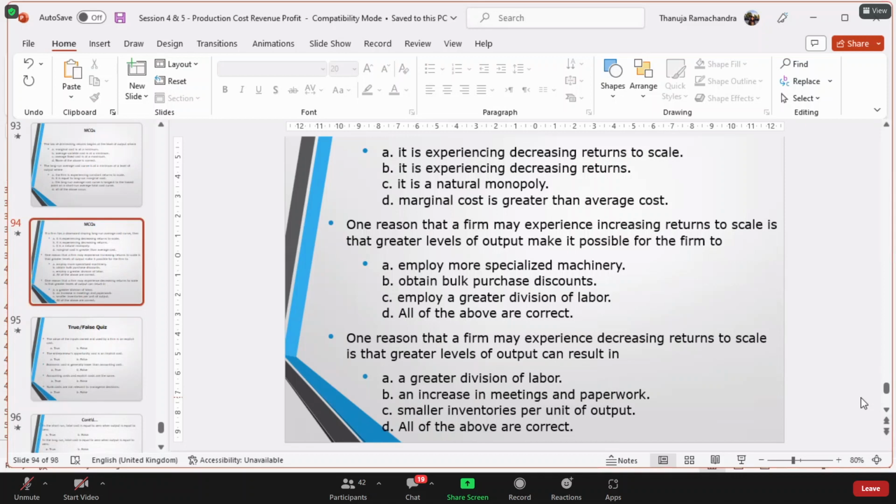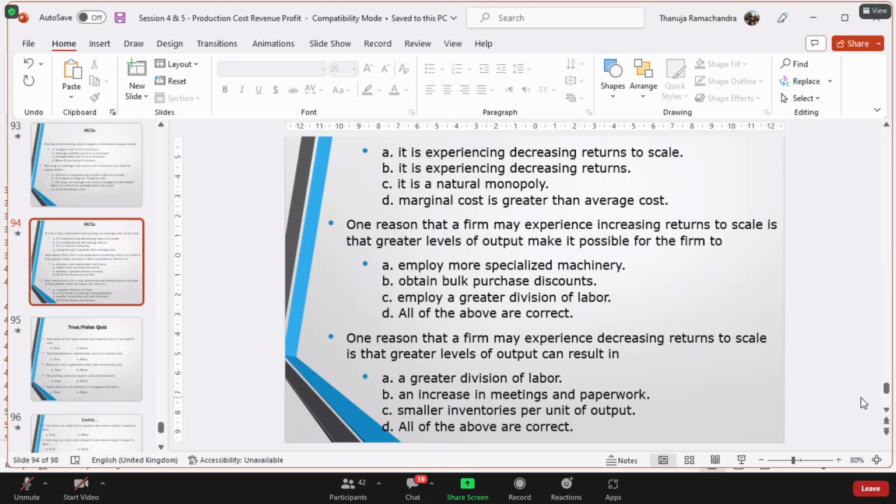So administration becomes difficult, right? So an increase in meetings and paperwork. Yes, that is a correct answer. We keep writing things everywhere, but still the production is not as efficient as it was earlier, right? So a greater division of labor is not the reason. Increasing meetings and paperwork, correct.